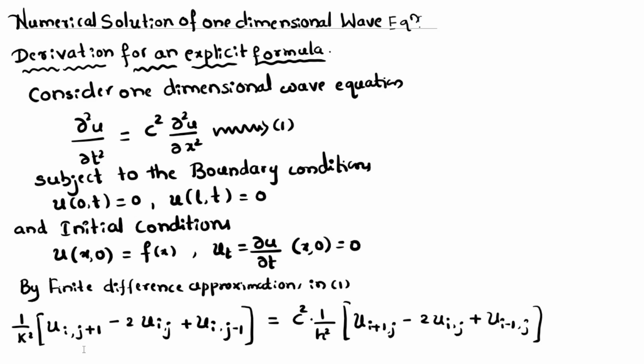Now we make some necessary arrangements: take that 1 by k square to the RHS. When you move that to the RHS, the equation becomes, in the LHS part, u of I comma j plus 1 minus 2 times u of I comma j plus u of I comma j minus 1, and here it is c square into k square by h square.